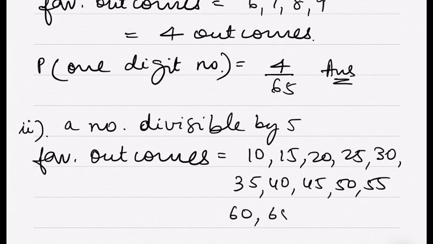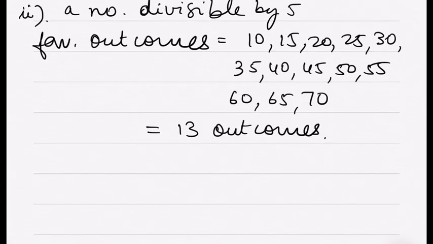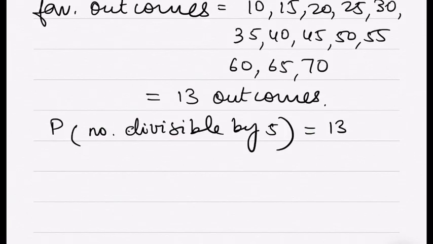The 70 numbered card is also there, right? So now how many? 13, right? So there are total 13 outcomes for this experiment. So the probability of getting a number divisible by 5 will be equal to 13 by total outcomes 65. Okay, 13 5s are 65, so 1 by 5 will be my answer.